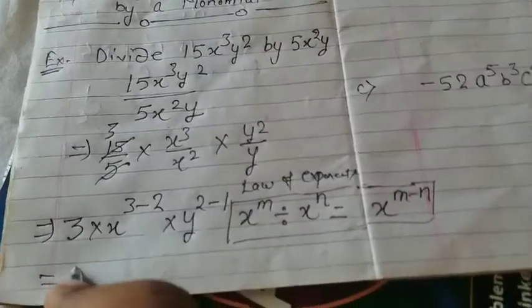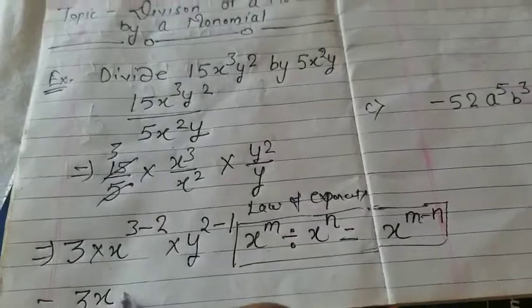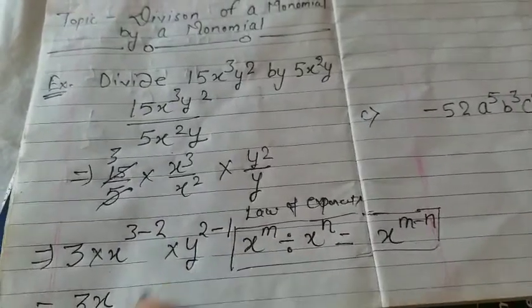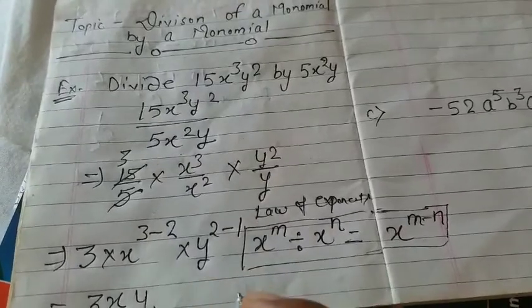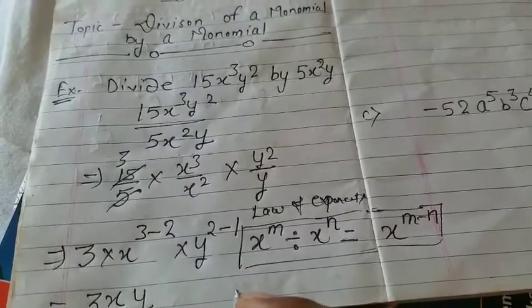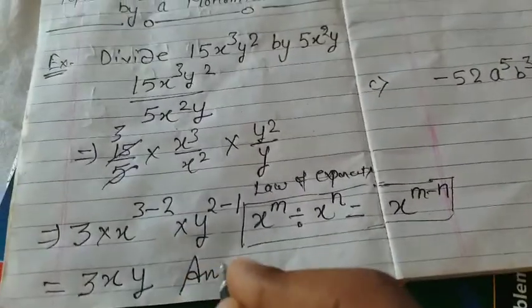Now it becomes 3x. 3 minus 2 is 1, then 3x. y to the power 2 minus 1 is y, so 3xy. This is the answer. Is that clear?